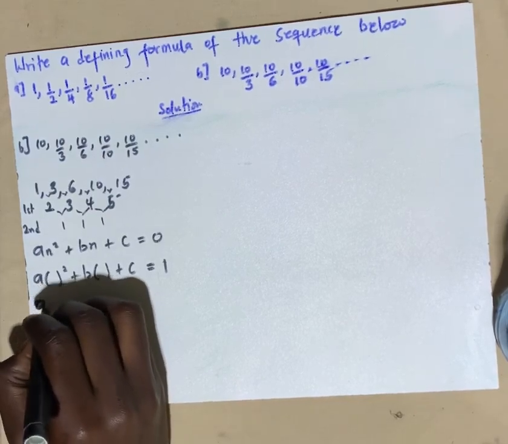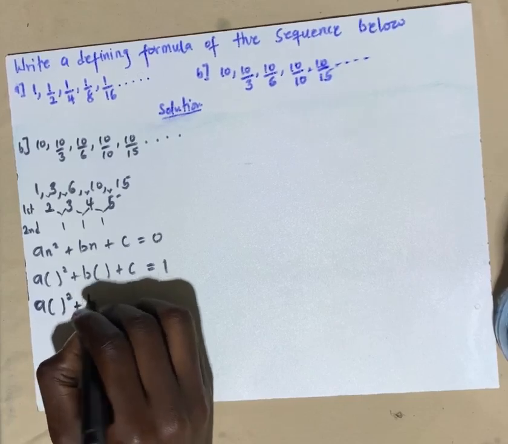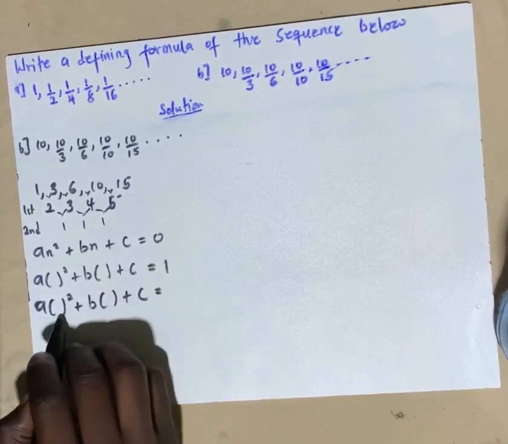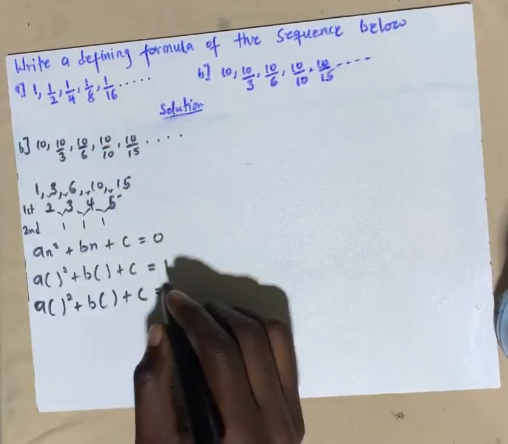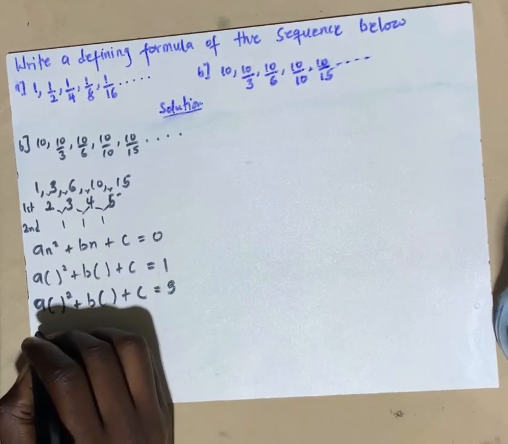So the same thing. You remember we need 3 expressions. So the same thing over here, plus b, bring your bracket, and c. And you know that when n is equal to 2, your final output is going to be 3. Then you try for the last one because we need 3 expressions.